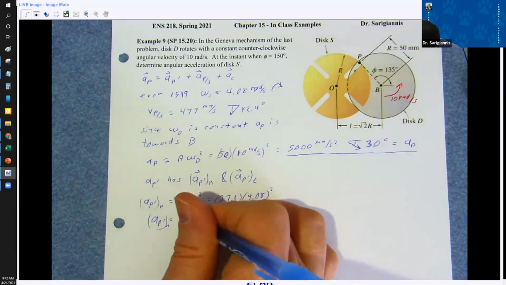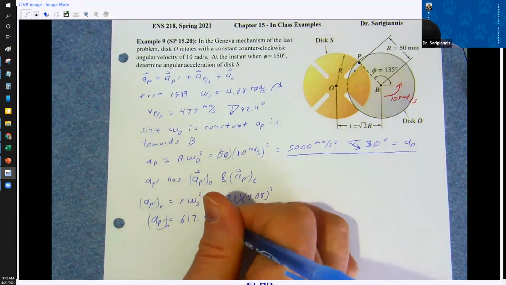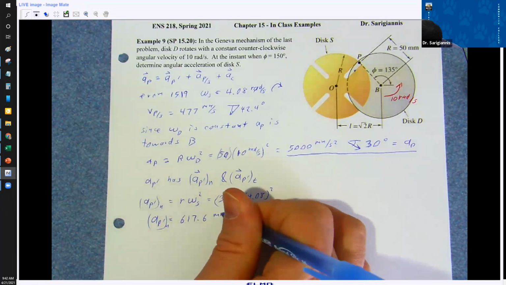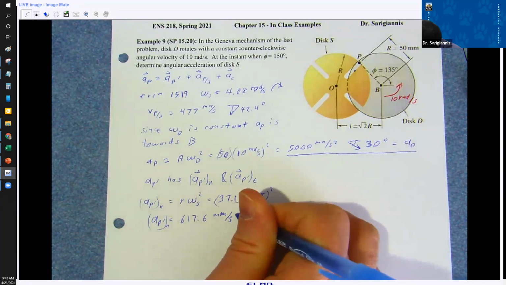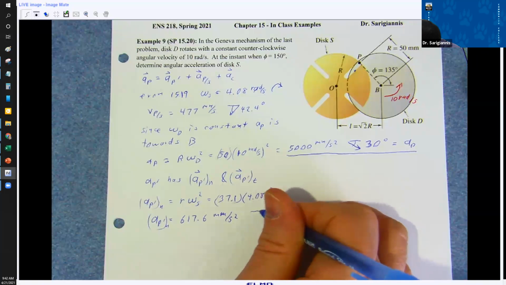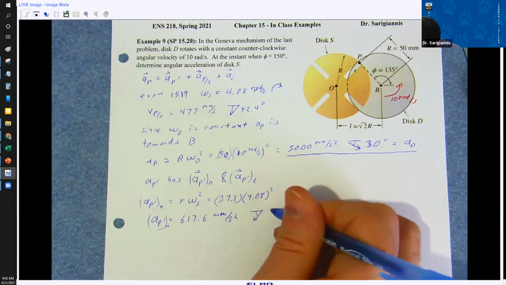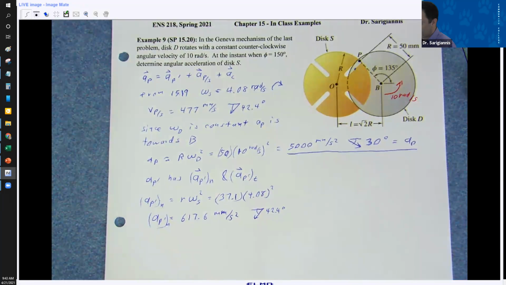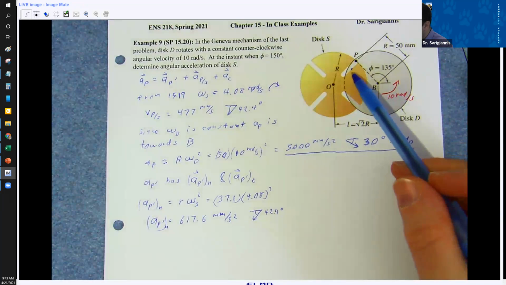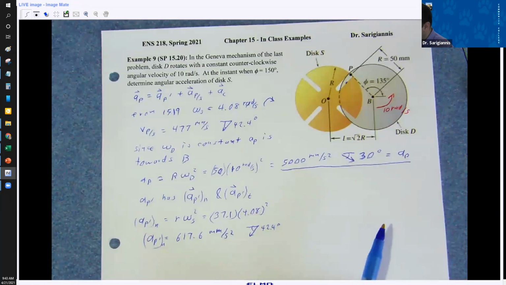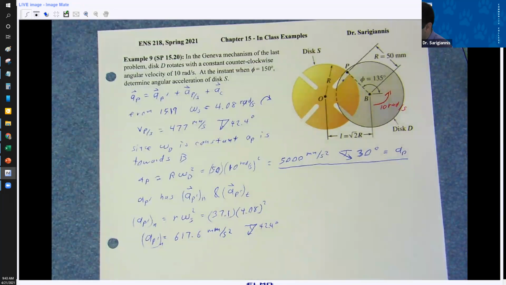This is 617.6 millimeters per second squared, and that's at an angle again of 42.4 degrees, right? The normal component is pointed towards that center.